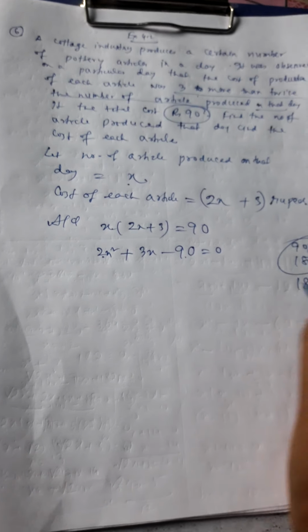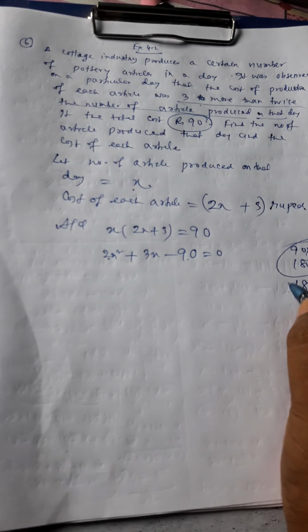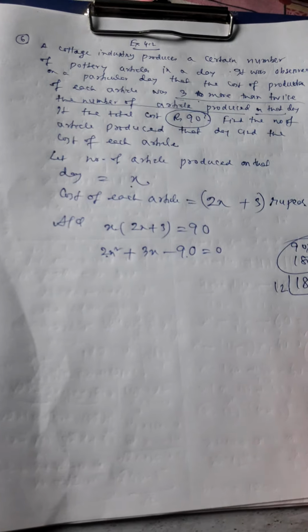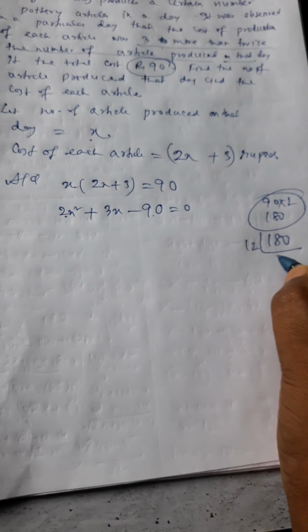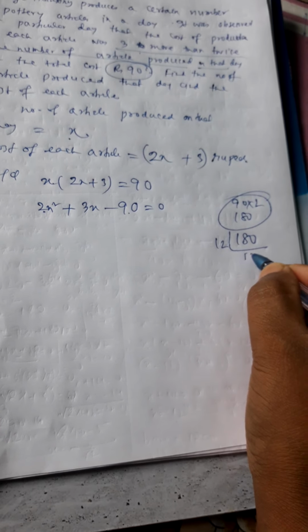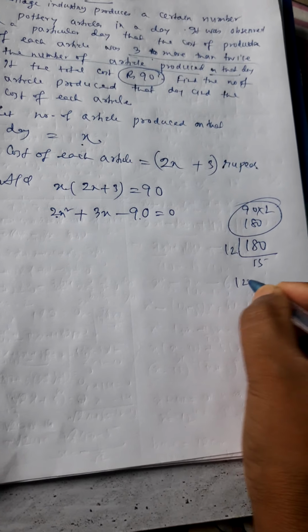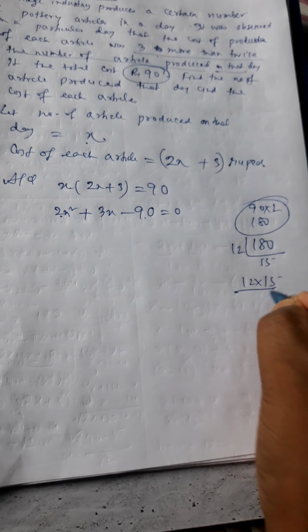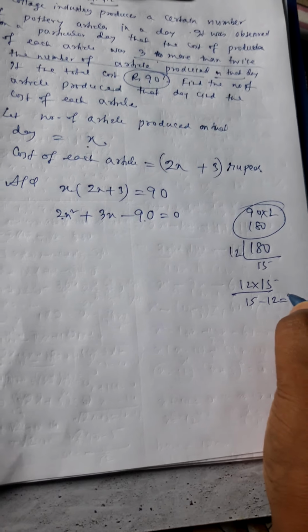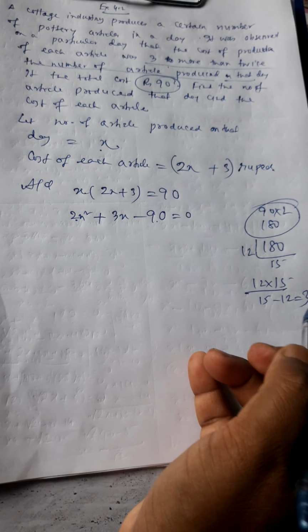So now divide 180 into two terms. So 12 ones are 12 and 12 fives are 60, so 12 and 15, and 15 minus 12 will be equal to 3. So in place of 3 we will write 15 minus 12.